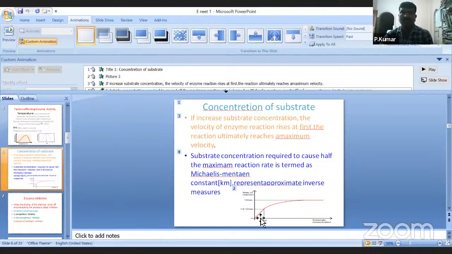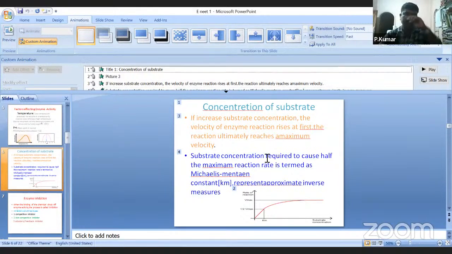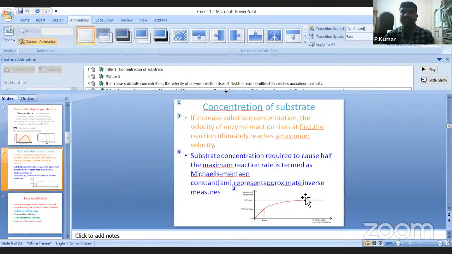Here you are observing the substrate concentration required to cause half of the maximum. It slowly increases here. The reaction rate rises at first, and the reaction ultimately reaches the maximum.